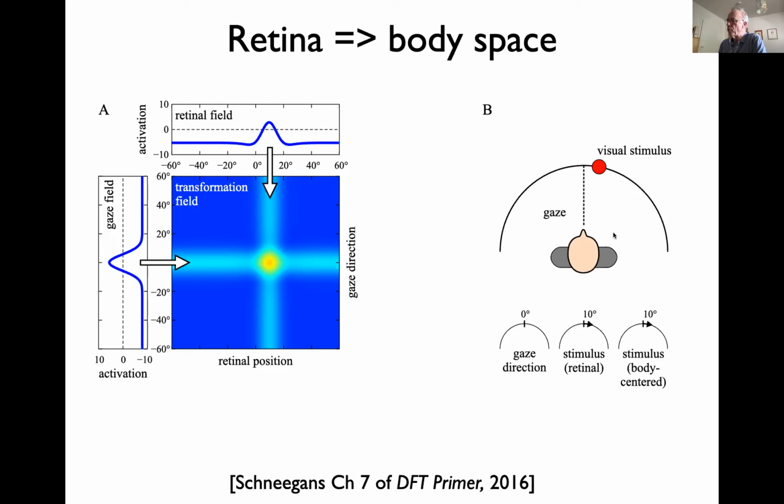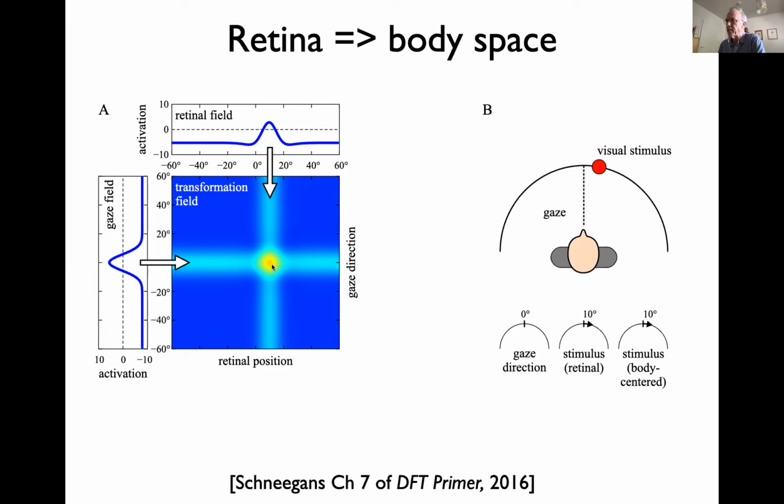So we'll refer to this situation where we have a stimulus in the world. It has a particular body position relative to the body at plus 10 degrees, and we will vary where the stimulus is on the retina by varying the gaze direction. So currently gaze direction is 0, and the retinal and the body representation are identical. Here's the retinal representation, here's the gaze representation.